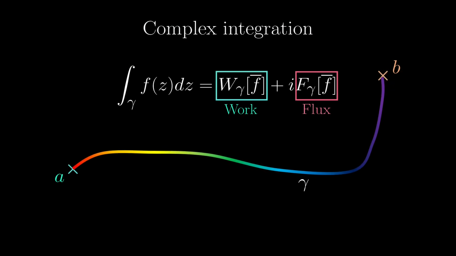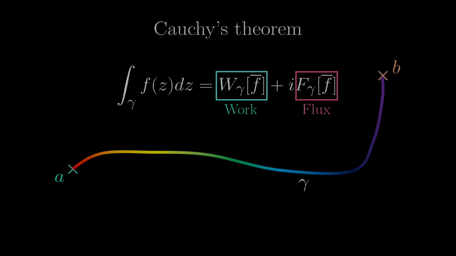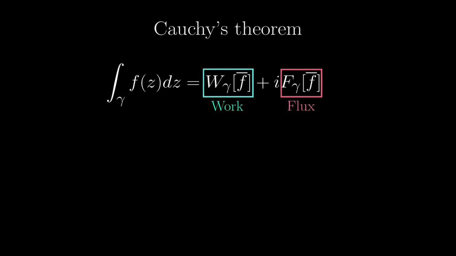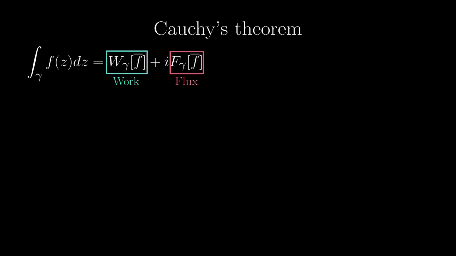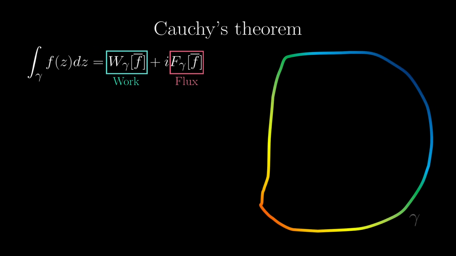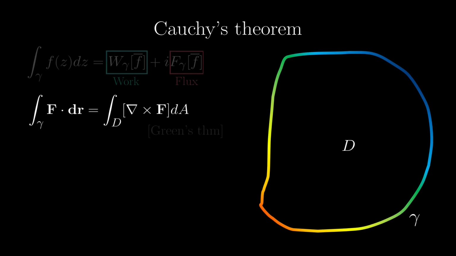But this result has another very important consequence, which is Cauchy's theorem. Proving the theorem is now just combining results we know. We now suppose gamma is a closed contour and the region it encloses is D. Then Green's theorem says the line integral around gamma is related to the area integral of the 2D curl.